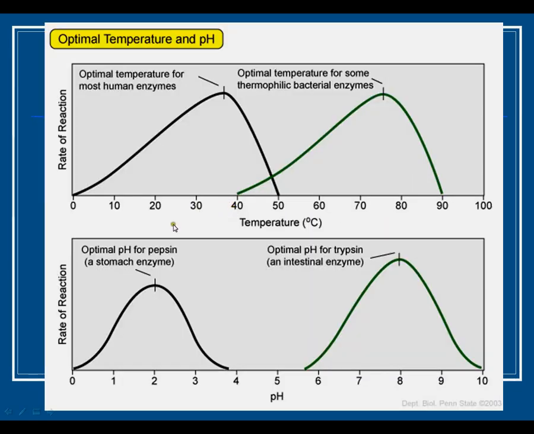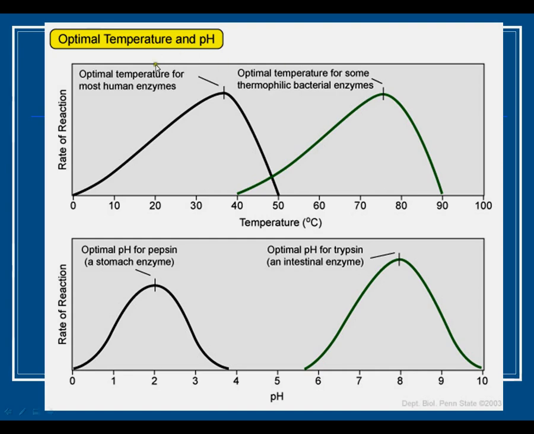So let's look at these two graphs. The top graph is showing temperature of two different enzymes, and I'm showing you this because each enzyme is unique, and they all have different optimum temperatures, and they all have different optimum pHs.